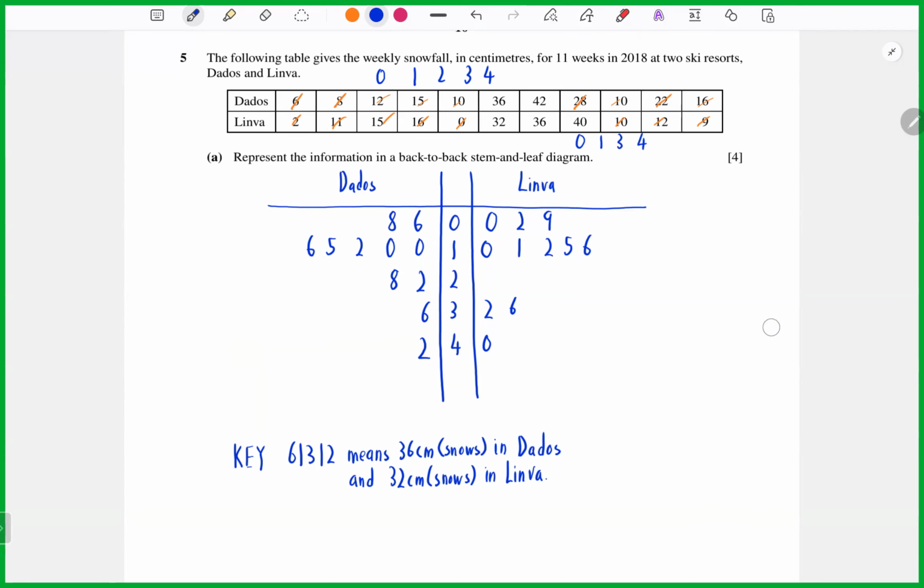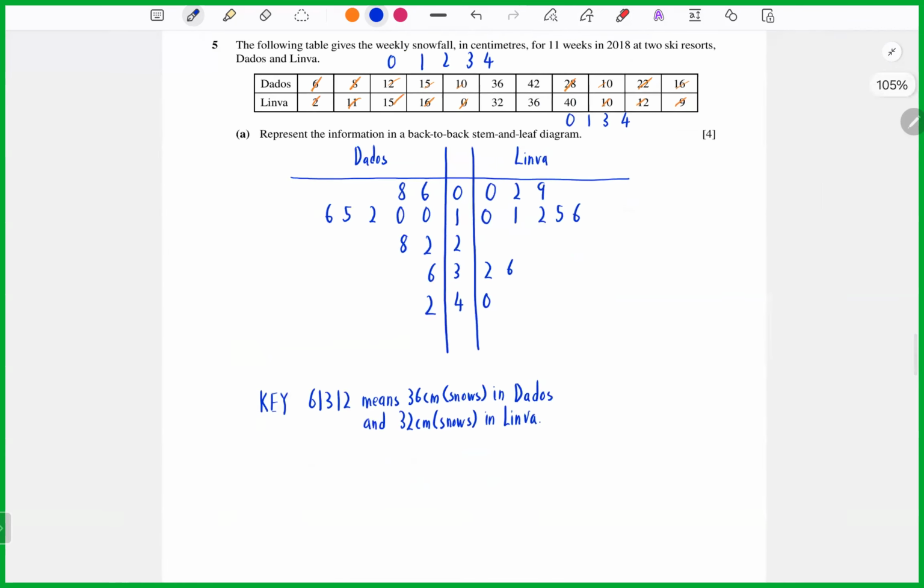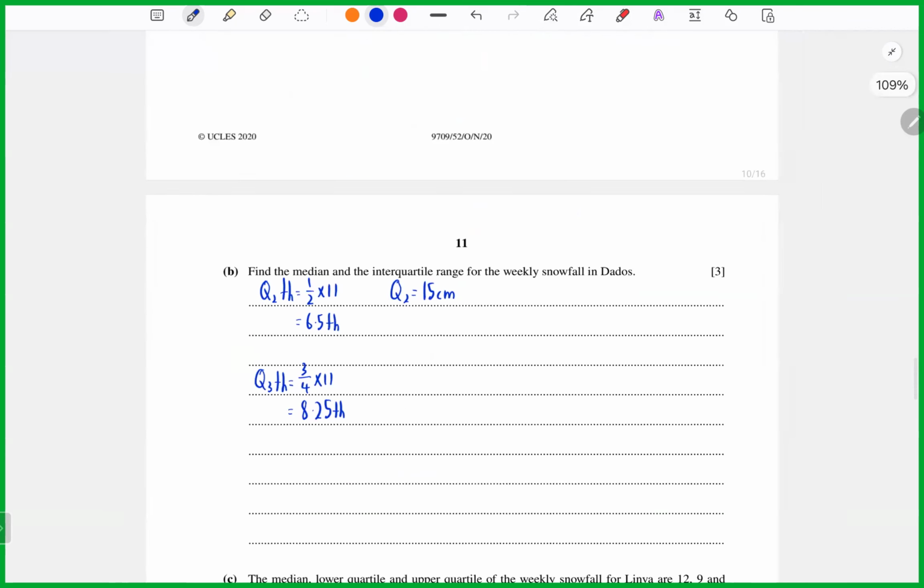So correct. And then 8.25, so we can consider it as the 9th term.